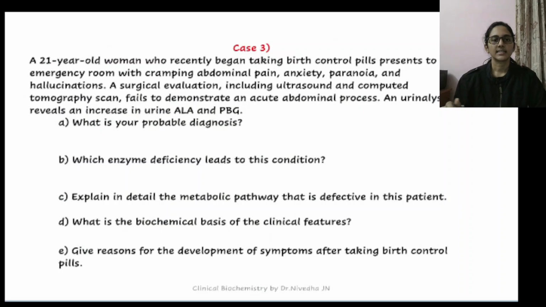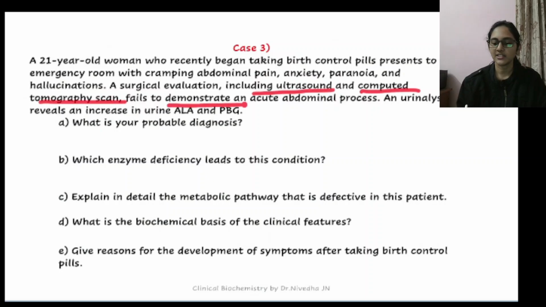The next case is a 21-year-old woman who recently began taking birth control pills, presents to the emergency room with cramping abdominal pain, anxiety, paranoia, hallucinations. Surgical evaluation was also done, including ultrasound and computed tomography, fails to demonstrate an acute abdominal process.